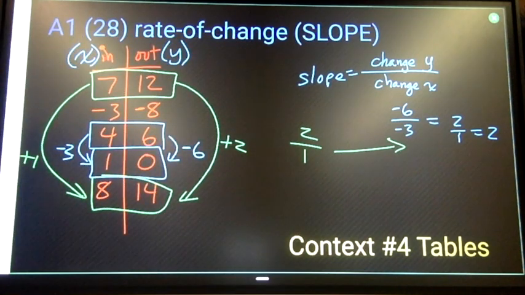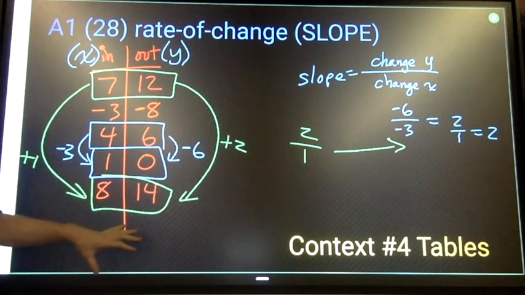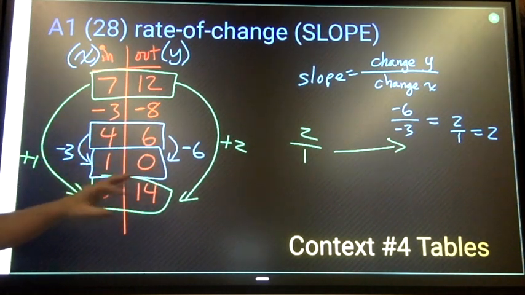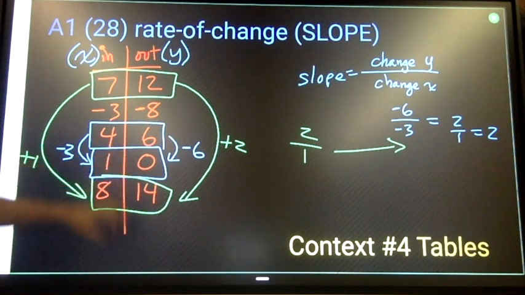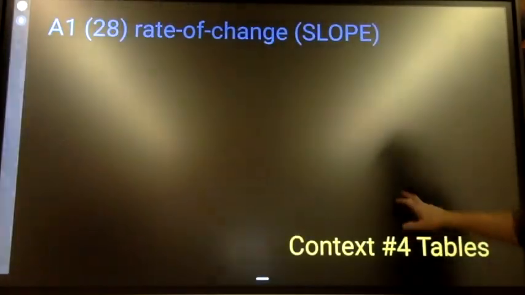Okay, so it doesn't matter in a linear table which two rows you choose. To find your slope, you'll find the same slope no matter what. All right, that's context number 4, tables.